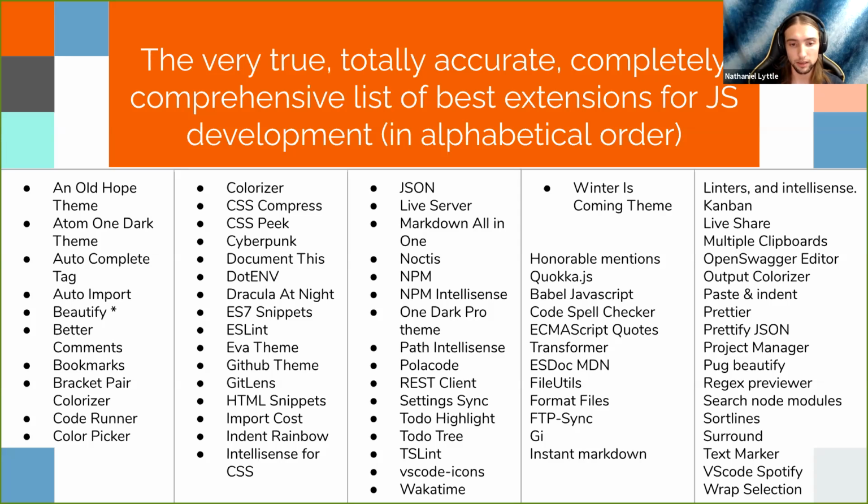Auto Close Tag is another really common, popular one. It's actually an extension pack, which includes Auto Rename Tag and something else, but it just helps with writing React and HTML in general.